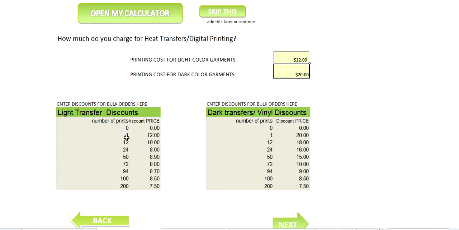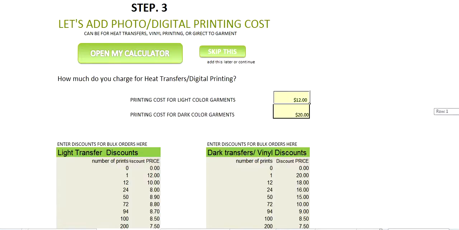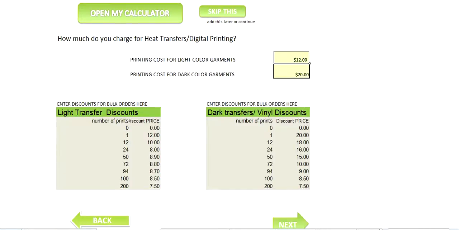So even though you don't see the number 10 here, if you get 10 prints, anything less than 12, you're going to still pay $12. And same thing, if you're ordering 23 prints, you're going to pay $10. So it's 12 to 23, 24 to 49, and so on and so forth. Same thing over here for dark garments. So just keep in mind discount rates and everything when you're setting up your calculator, and this will make things nice and easy for you guys.